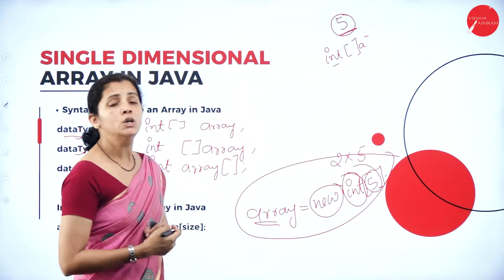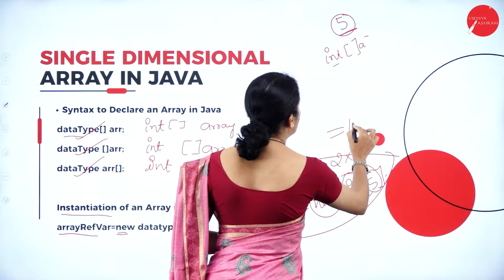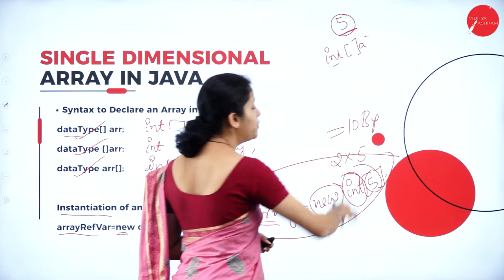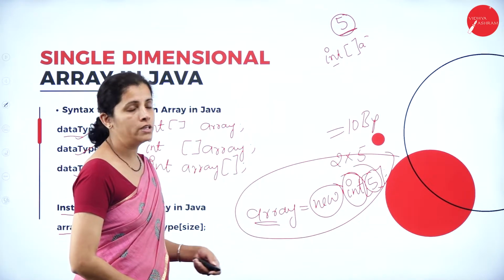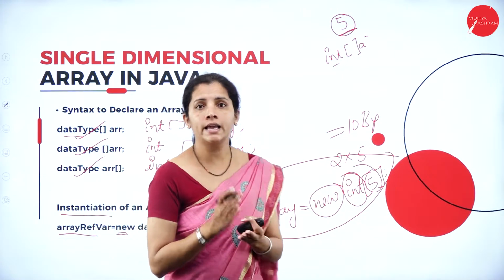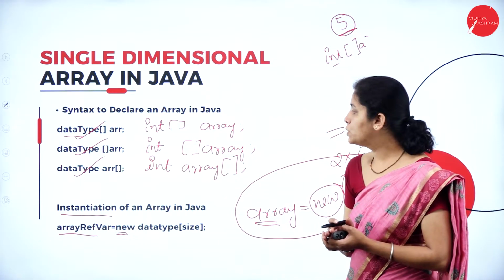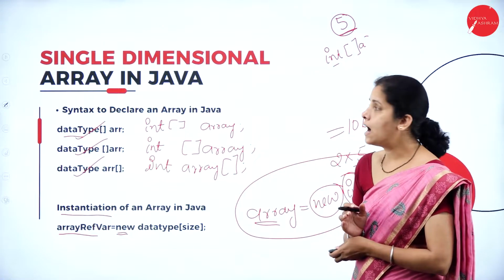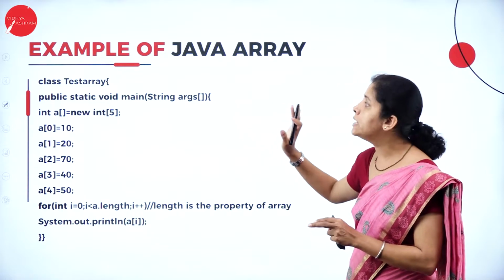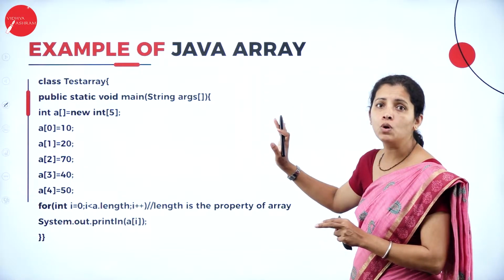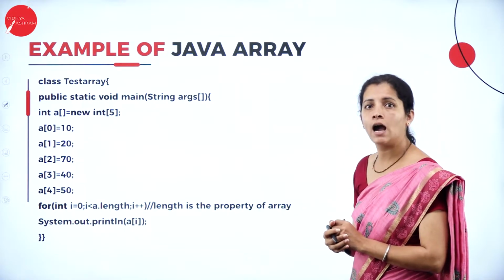So total 2 into 5, that's nothing but 10 bytes of memory is reserved for this array. So, dear student, this is the way I can declare the array and initialize an array. Now, this is the simple program used to illustrate how to create a one-dimensional array and how to print the elements.